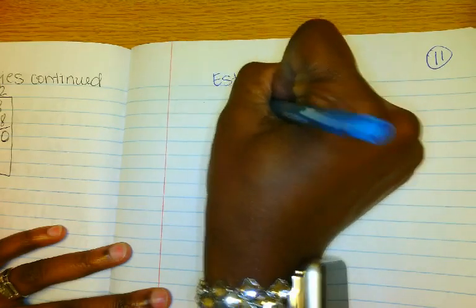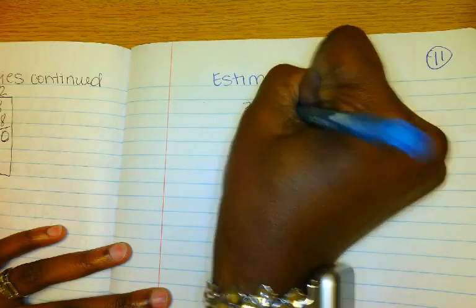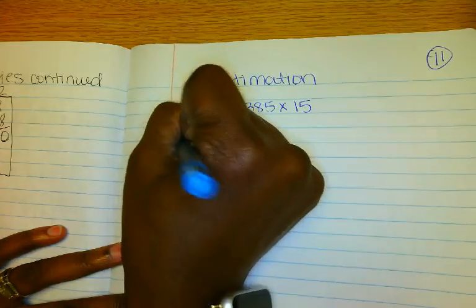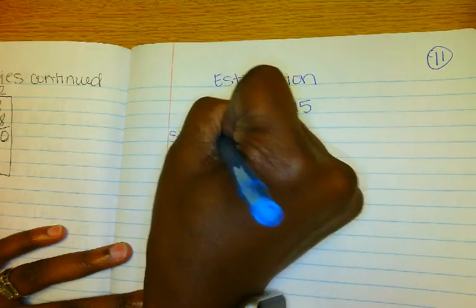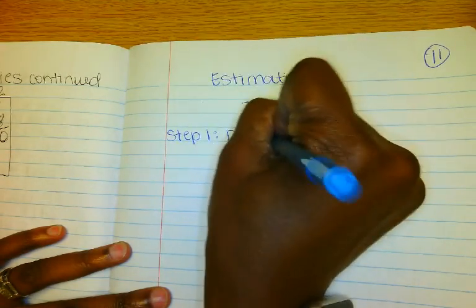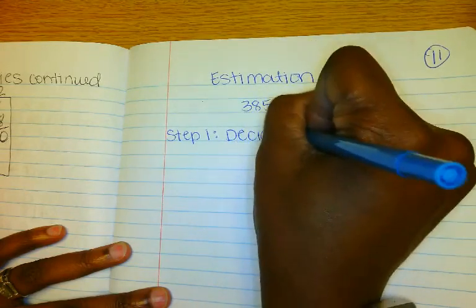We're going to do 385 times 15. Okay, the first thing that we're going to do is step 1. We're going to decide how you're going to round.